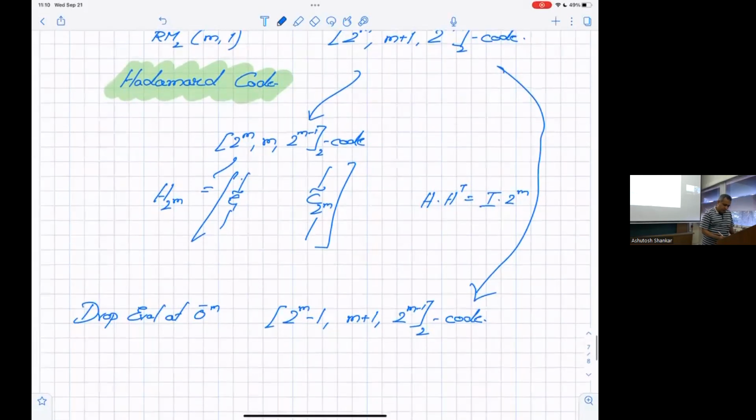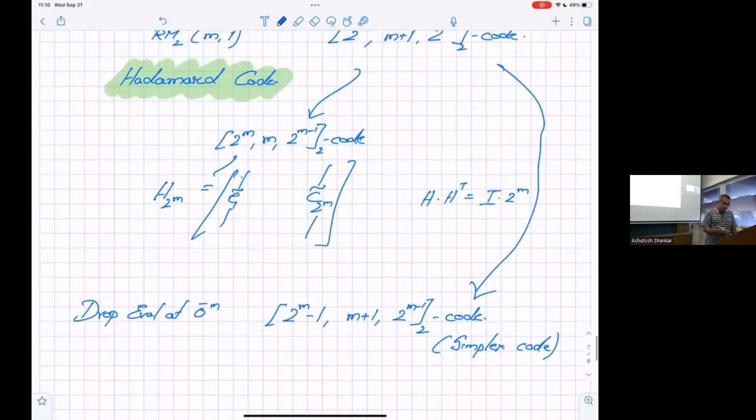This is sometimes called the simplex code. I don't know why it's called the simplex code. Let's take the dual of the Hadamard code.